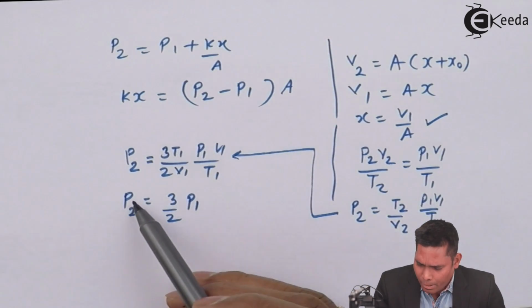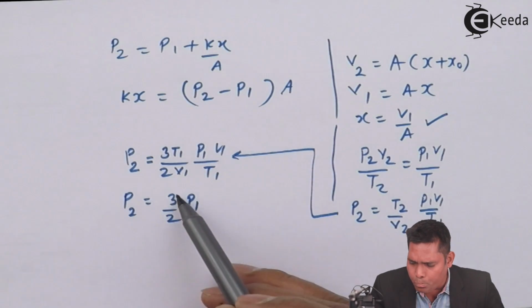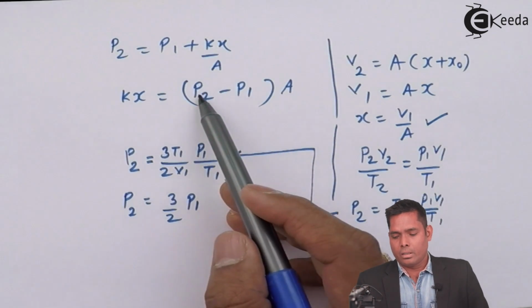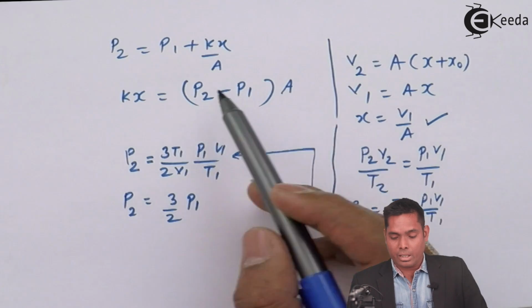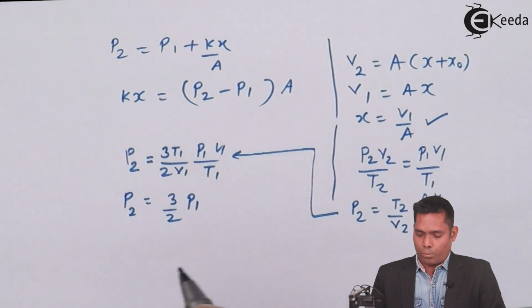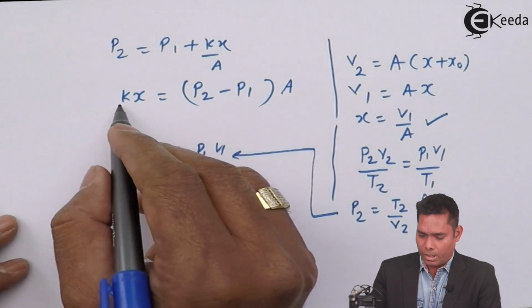So from here, if I put this P2 as 3 P1 by 2 over here, then I'll get Kx.